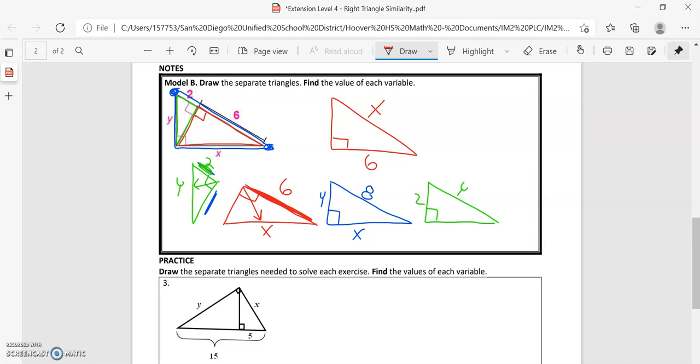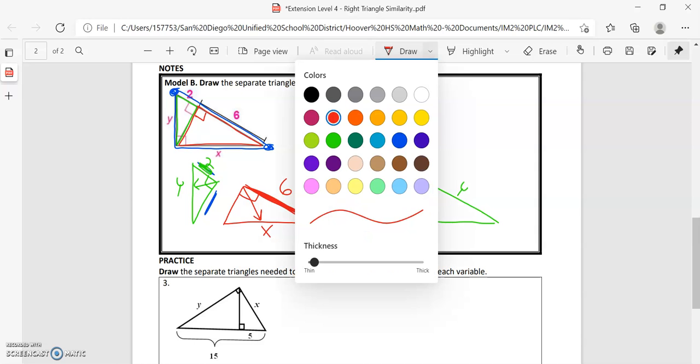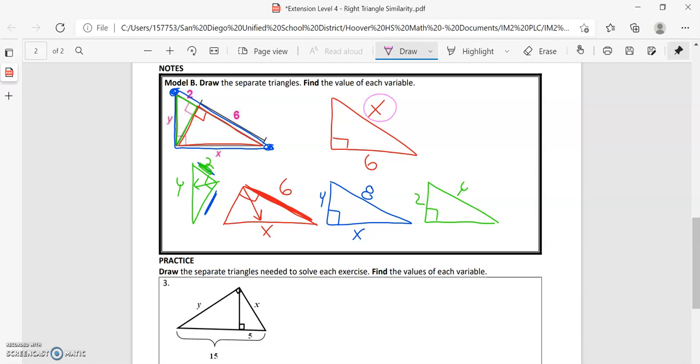All right, which one do we want to do first? Let's do our x. So we have identified our x as being right here, and that's related to an 8. So we have x over 8 is equal to 6 over x.